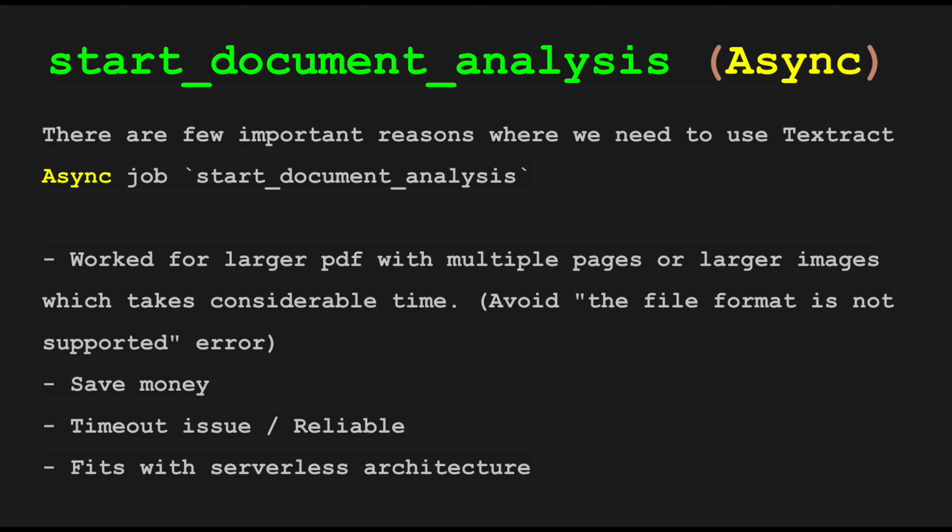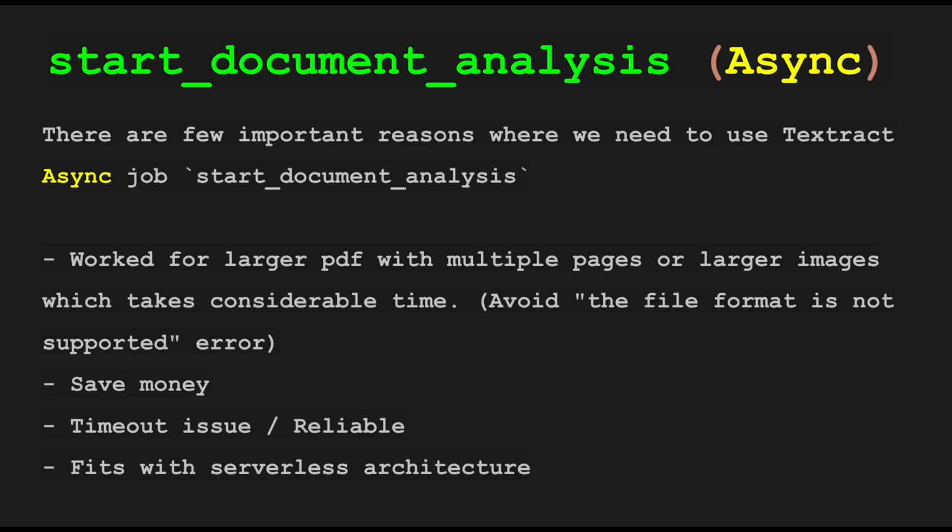There are a few important reasons why we need to use the Textract async job, which is start document analysis. It works for large PDFs with multiple pages or large images, which take considerable time. For example, if you try to analyze a large PDF with more than 5 pages using the sync method, you will likely get an error saying the file format is not supported.